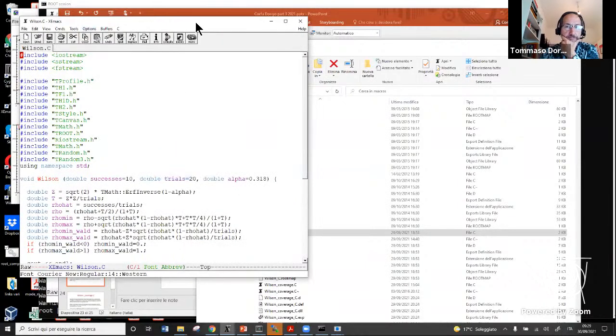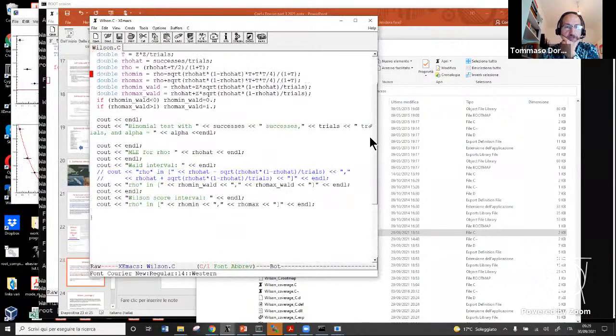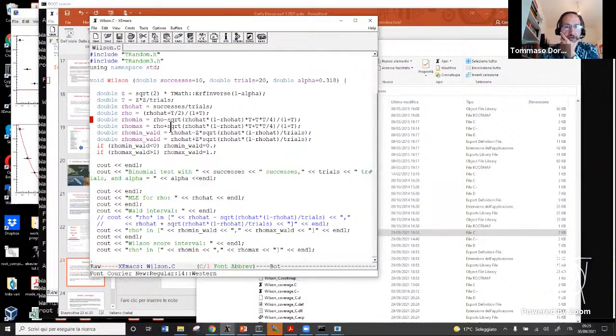Okay, this is the code. And you see that it is very, very quick to compute. The formulas I have in the slide are reported here. And so you pass the number of successes and trials and the type 1 error rate, and it computes the intervals for that. So let's try it, okay?